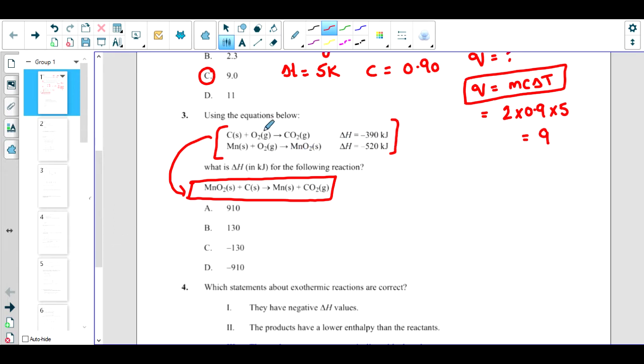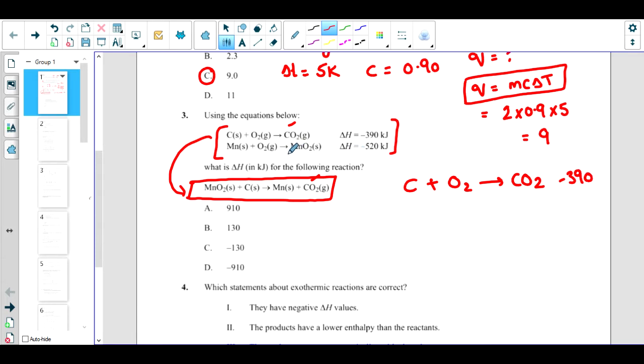Here, carbon dioxide is at the product side, and in our main equation we also need it in the product side. It's also 1, so we can copy the same equation. C plus O2 will give us CO2. We did nothing, neither added, subtracted, multiplied, divided or flipped it, so no change. So heat is also the same, minus 390.